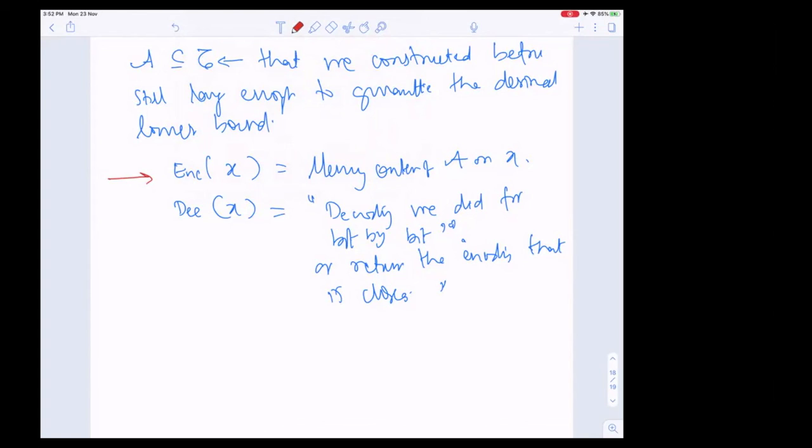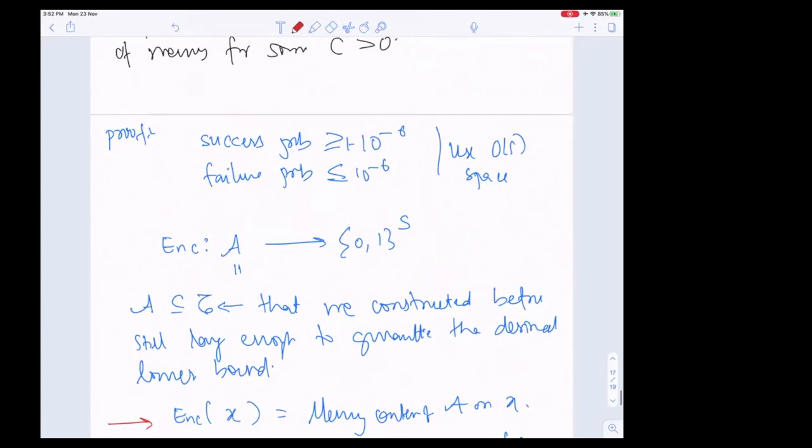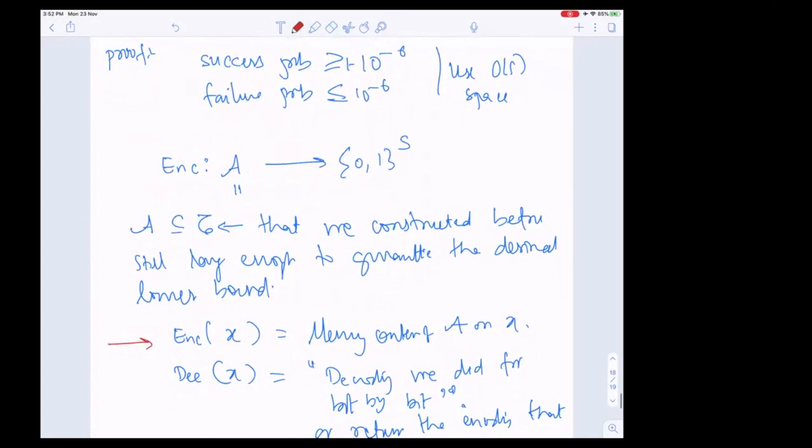If I define it like this, will it even be a function? It's a probability distribution. Exactly. A is a randomized algorithm, so if I define it like this, based on what random string it takes, the memory content could be very different.